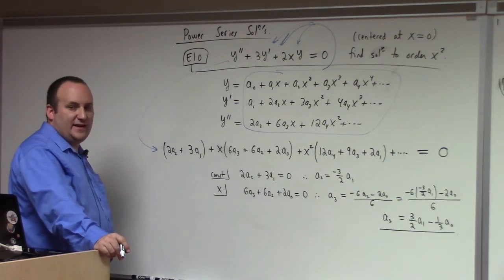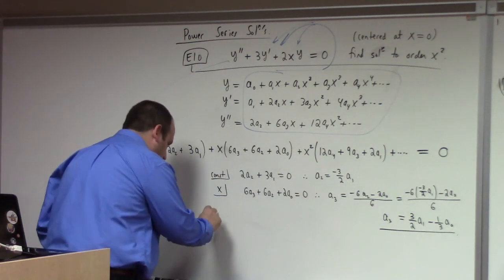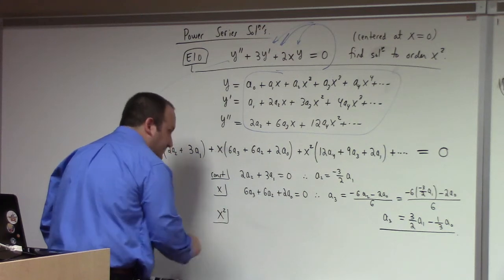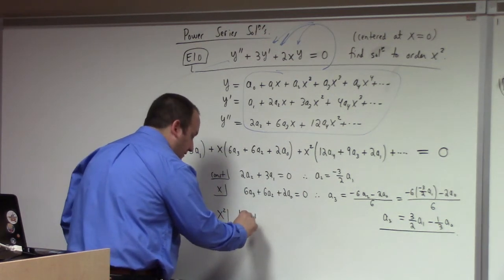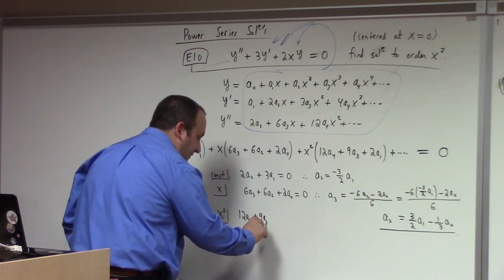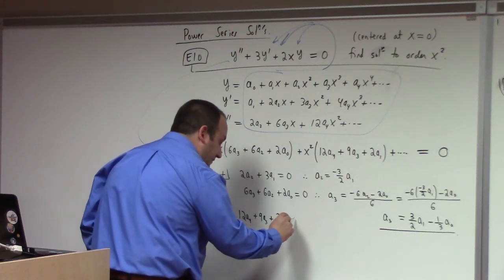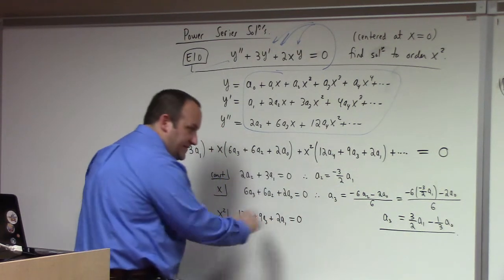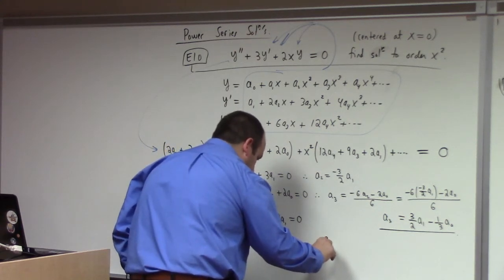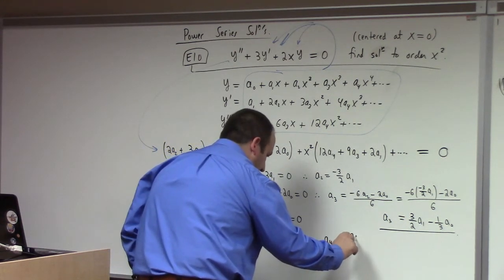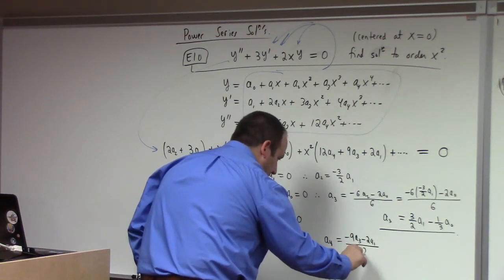We didn't even need the x squared. What happens when we get the x squared? 12a4 plus 9a3 plus 2a1 equals 0. I'm doing more calculation than I need here, guys. I'm going to change the problem statement to make me feel less dumb in just a second. So I can solve for a4. It gets me a4 is equal to minus 9a3 minus 2a1, divided by 12.